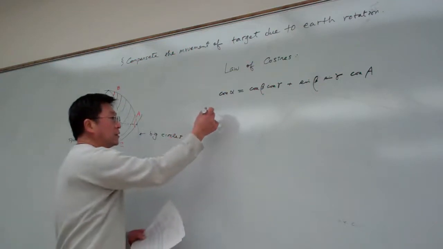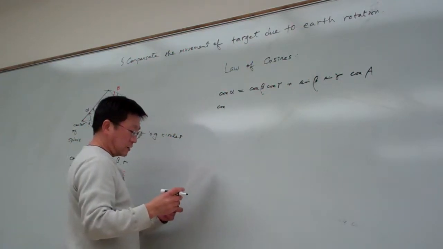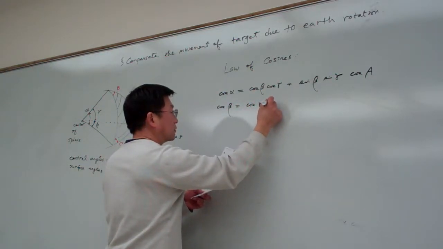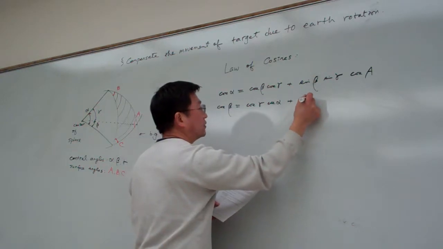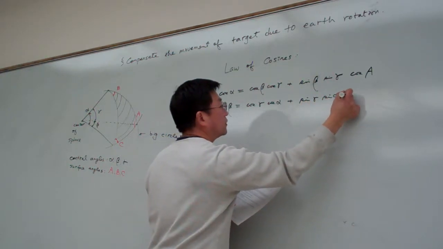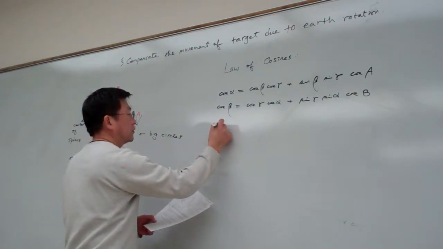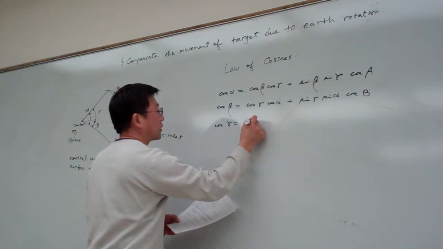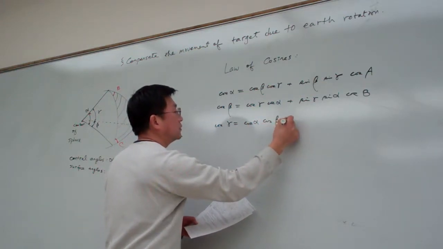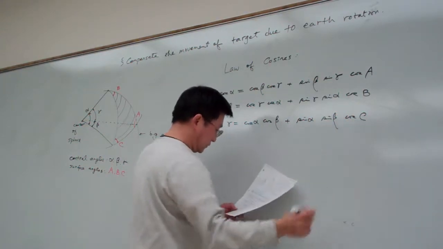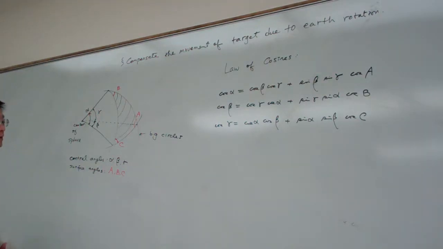So again, for the others: cosine beta equals cosine gamma cosine alpha plus sine gamma sine alpha cosine B, and cosine gamma equals cosine alpha cosine beta plus sine alpha sine beta cosine C. Okay, and we can have more, but these three should be good enough.